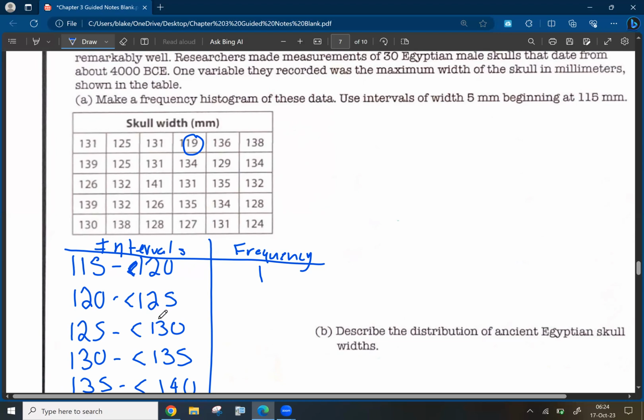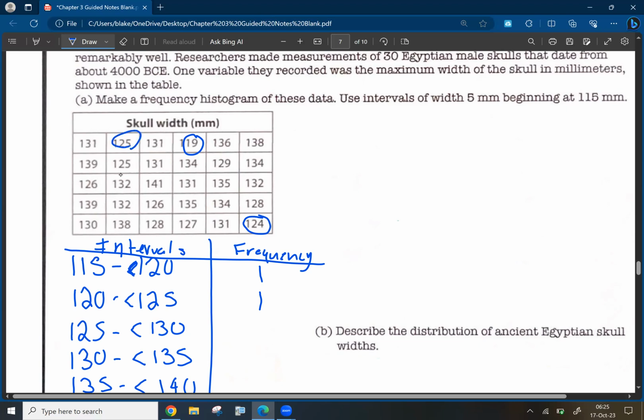So remember, this does not include the 125. That would go in the next interval. So basically 120 to 124 really is what I'm looking for. Here's a 124, and that's the only one. So again, just 1. So the next one goes from 125 to 130. It includes 125, but not 130. So essentially, it's like 125 to 129.